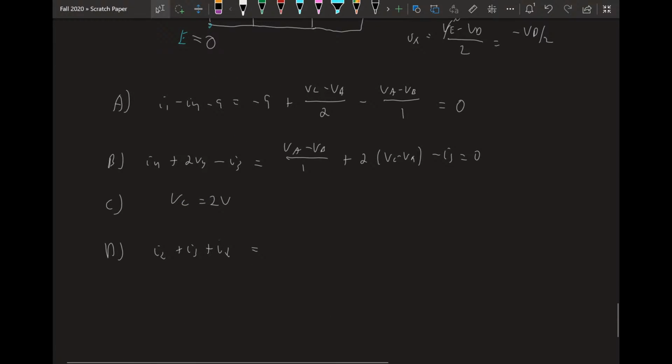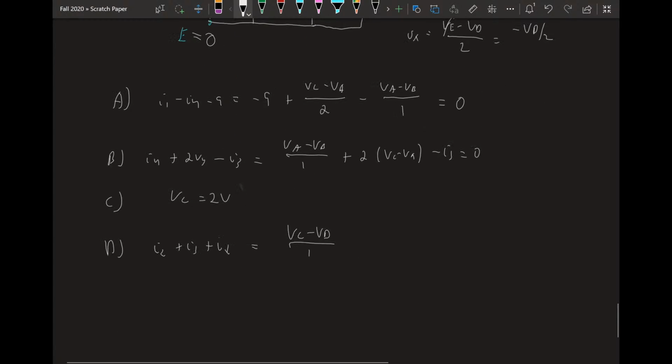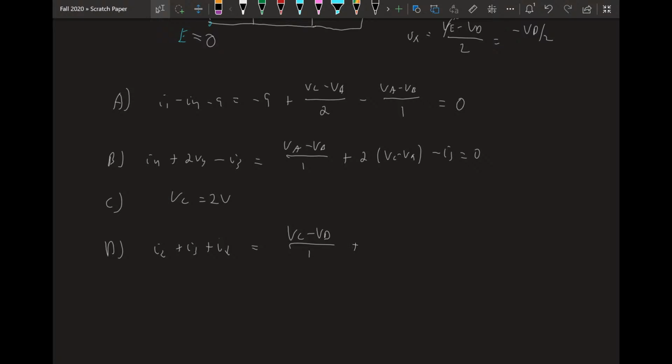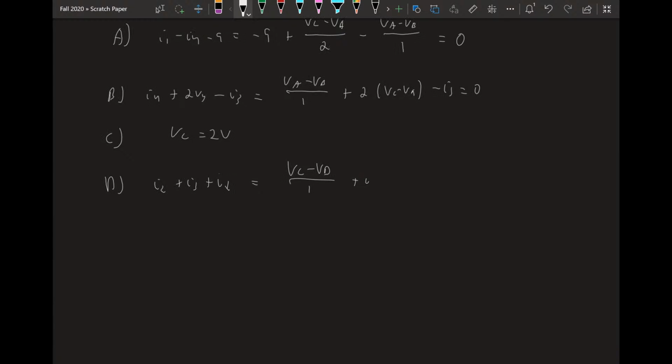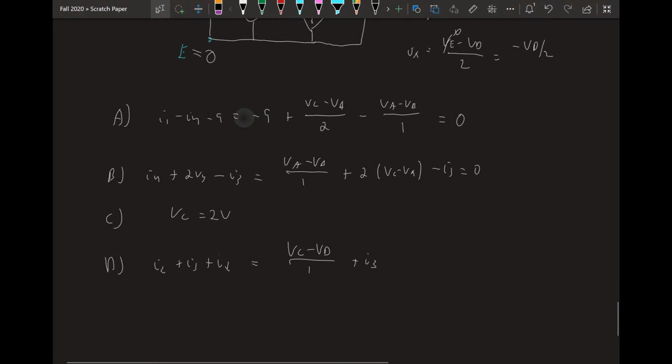I2 we can write as VC minus VD over 1 because of that 1 ohm resistor in between. I3, once again, we don't know how to write. Let's just write plus I3. And then IX we have previously defined as negative VD over 2, right, from up here. And that equals 0. All right, perfect.